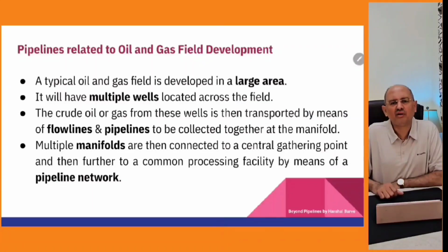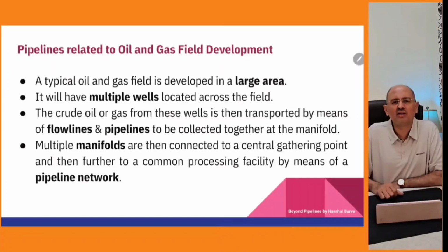Multiple manifold option is normally considered, because imagine that it's a large field where hundreds of wells are going to be drilled, and they are to be connected by individual flow lines to the station treatment facility. All the individual flow lines, which are transmitting the fluid from the wells, cannot be of that long a length.